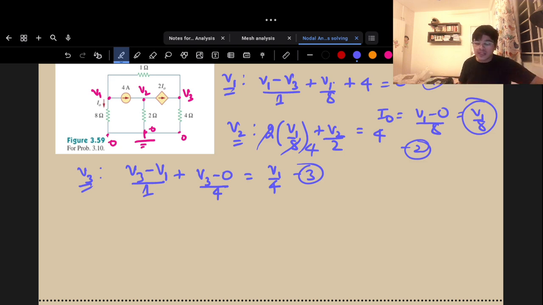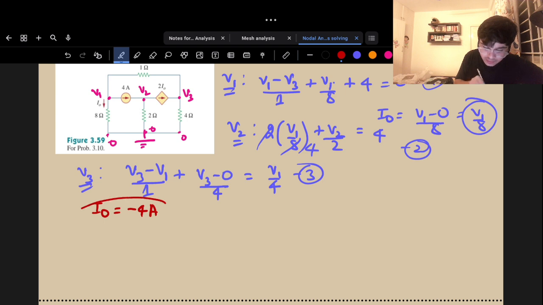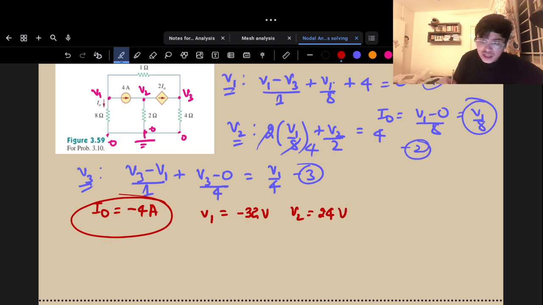You put them in the calculator, and you get the answer of I naught is equal to minus 4 amps. If you want to match the answers, V1 is equal to minus 32 volts, V2 is equal to 24 volts, and V1 equal to V3 basically, so V3 becomes minus 32 volts.